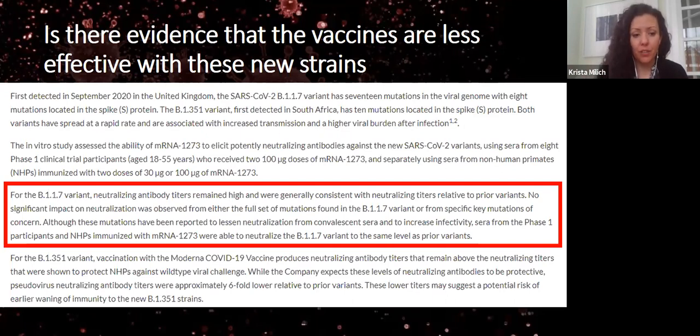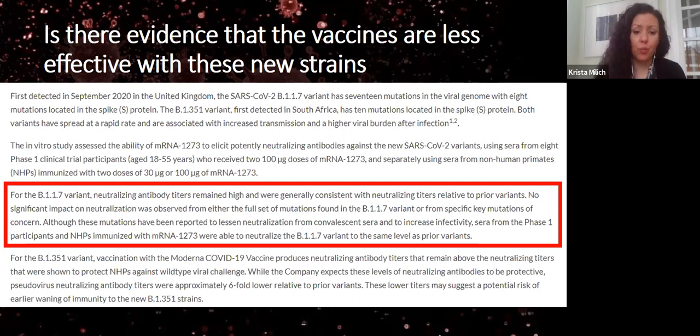No significant impact on neutralization was observed from either the full set of mutations found in the B117 variant, or from specific key mutations of concern. So those are those mutations I mentioned that could potentially be problematic with the vaccine.